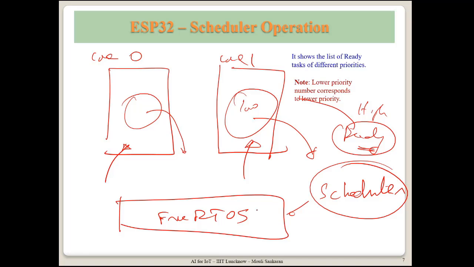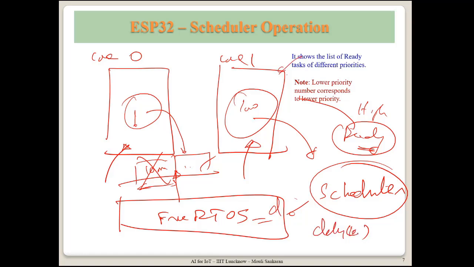Remember, the scheduler is a part of OS code which gets activated on some event. Either the currently running task completes, or if there is a time quantum, it completes the time quantum. If the scheduler is based on time, maybe you run for 10 milliseconds and then schedule another task. So when the timer interrupt happens, this task will be removed and something else will be run. Or different events can happen: data has come and some other task has become ready, or some higher priority task was in a delay loop, a 100 millisecond delay.